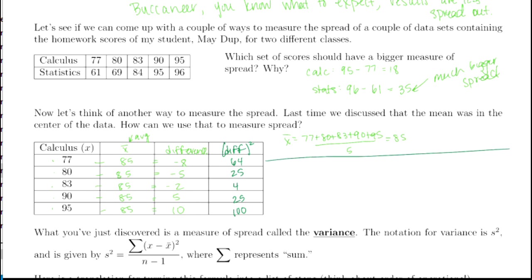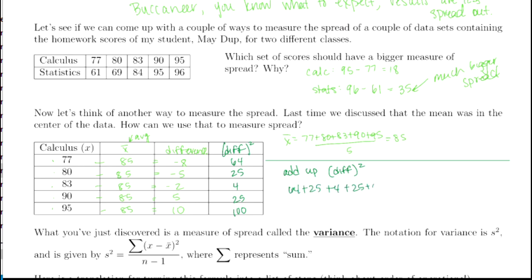So add all those up. Add up the differences squared, and you get 64 plus 25 plus 4 plus 25 plus 100, and that is 218. And then you're going to average those, sort of.